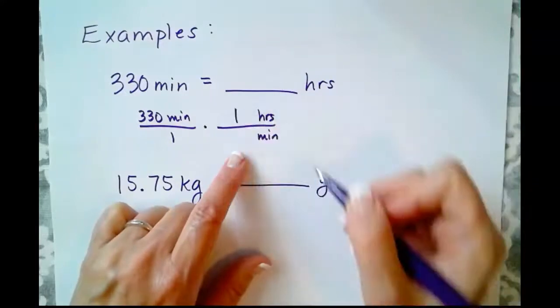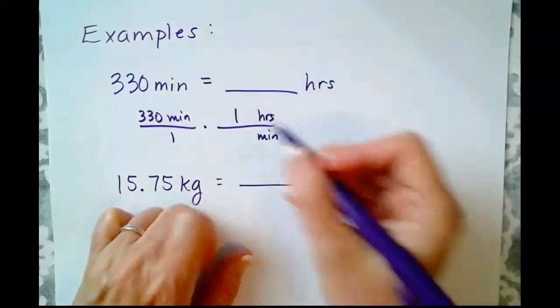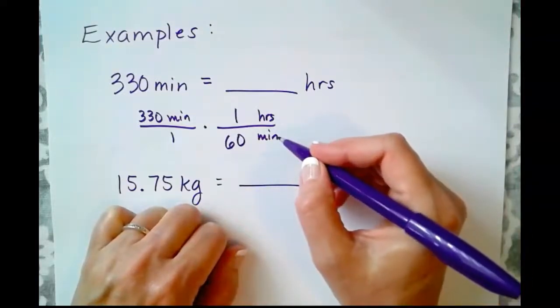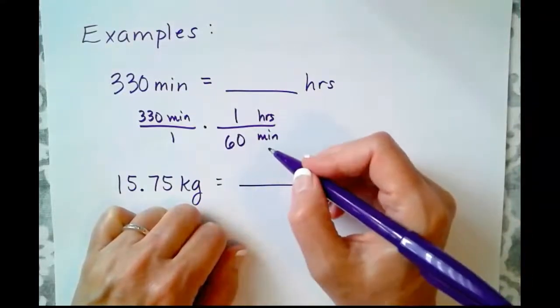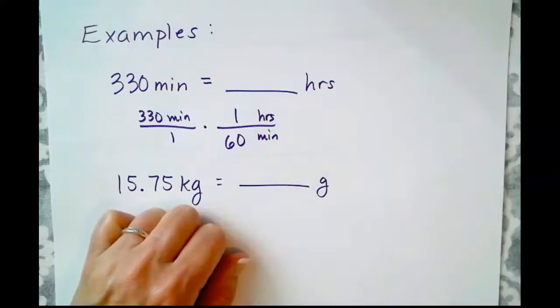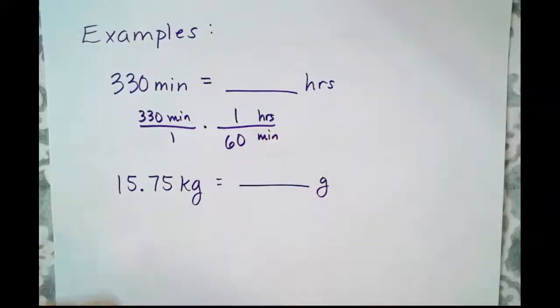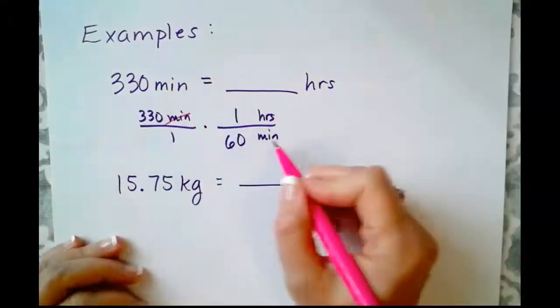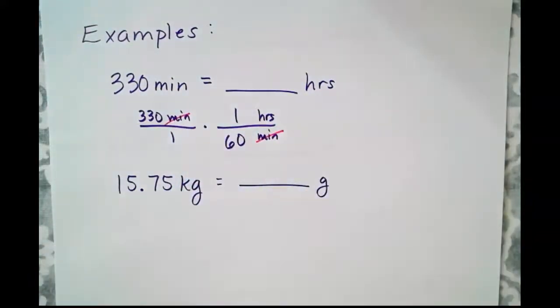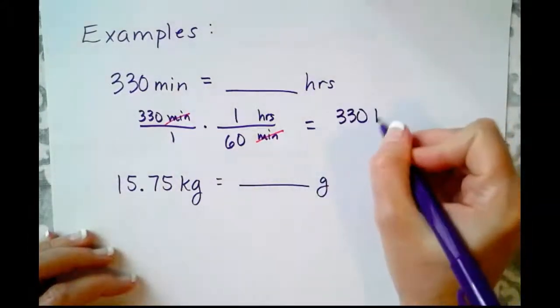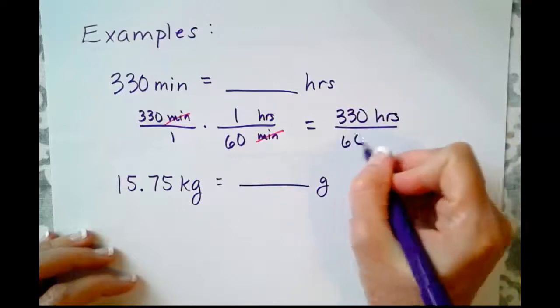I know that 1 hour is equal to 60 minutes. 1 hour divided by 60 minutes, that's a unit multiplier equal to 1. So now that my minutes are on the top and minutes are on the bottom, they're going to cancel. And I am going to be left with 330 hours divided by 60.